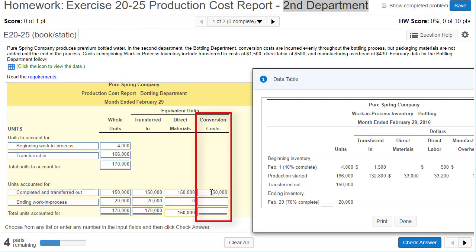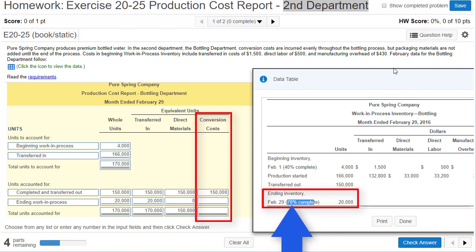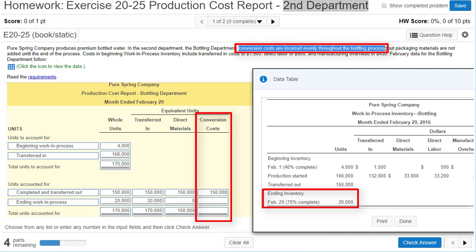Now let's talk about the conversion costs. Again, we're talking about the ending work in process, which is right here. So of these 20,000 whole units, they are only 70% complete through the bottling process. So we have to figure out what percentage of the conversion costs, remember we're working on conversion costs in this column here, are they going to have? Well, they're 70% complete, and conversion costs are incurred evenly throughout the bottling process.